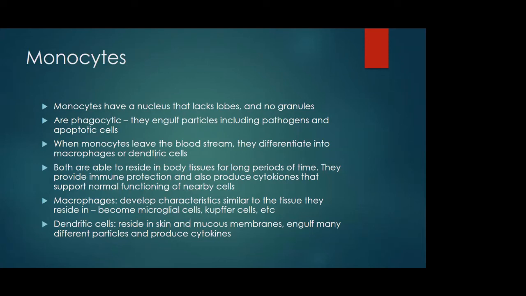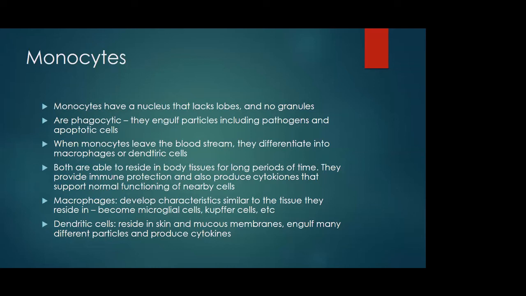Monocytes circulate around in the bloodstream. When they leave the bloodstream, they differentiate either into macrophages or dendritic cells. Macrophages and dendritic cells can live in body tissue for long periods of time. They will live in that body tissue and survey the environment regularly to see if there are any pathogens present.